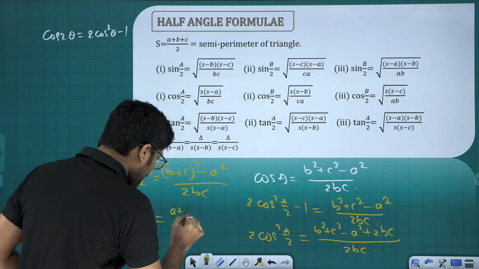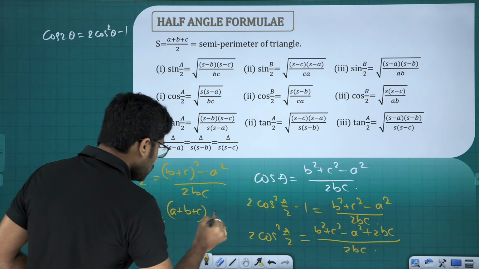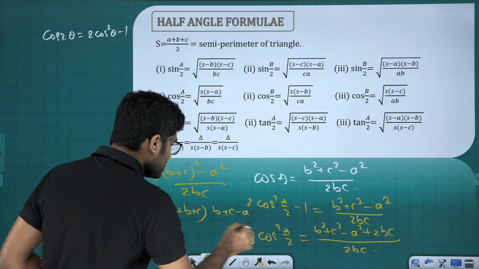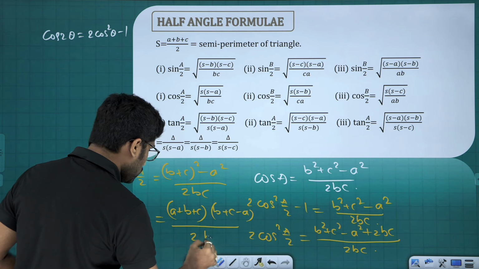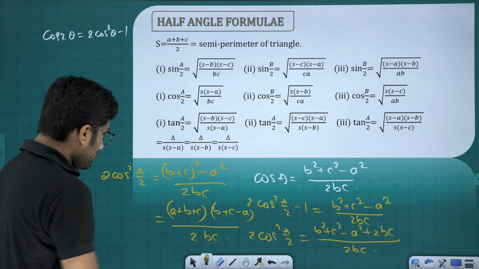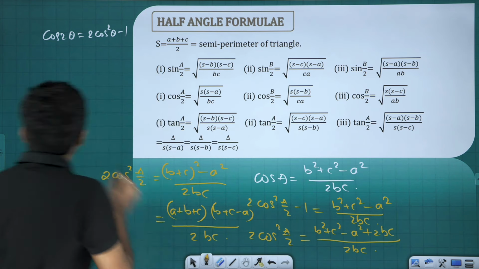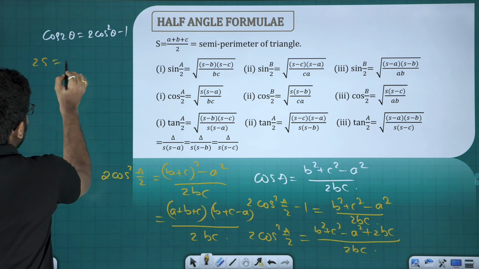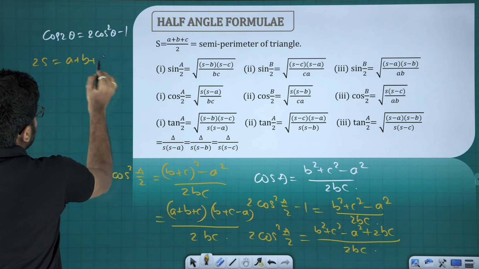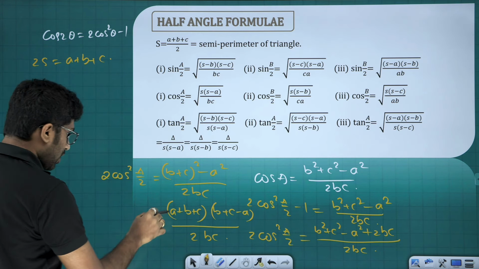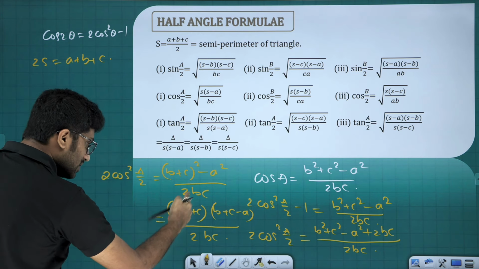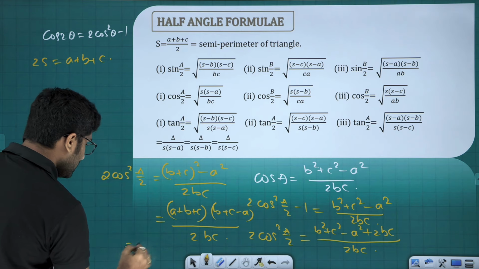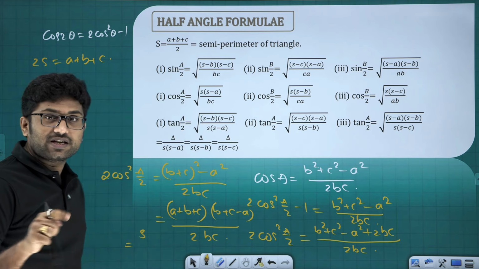So that is a plus b plus c into b plus c minus a divided by 2bc. Friends, we all know s is the semi-perimeter, and 2s is equal to a plus b plus c. So a plus b plus c is 2s. Yes, 2 gets cancelled. We get s into b plus c minus a.